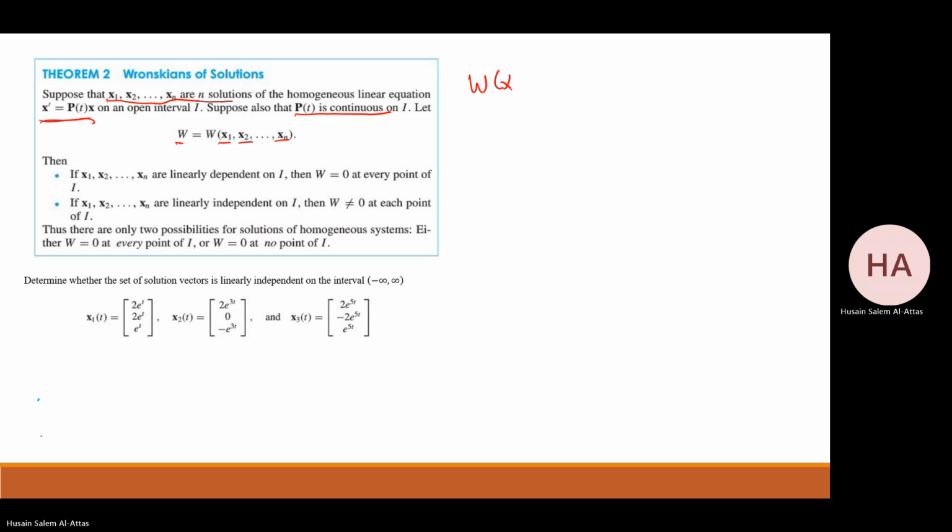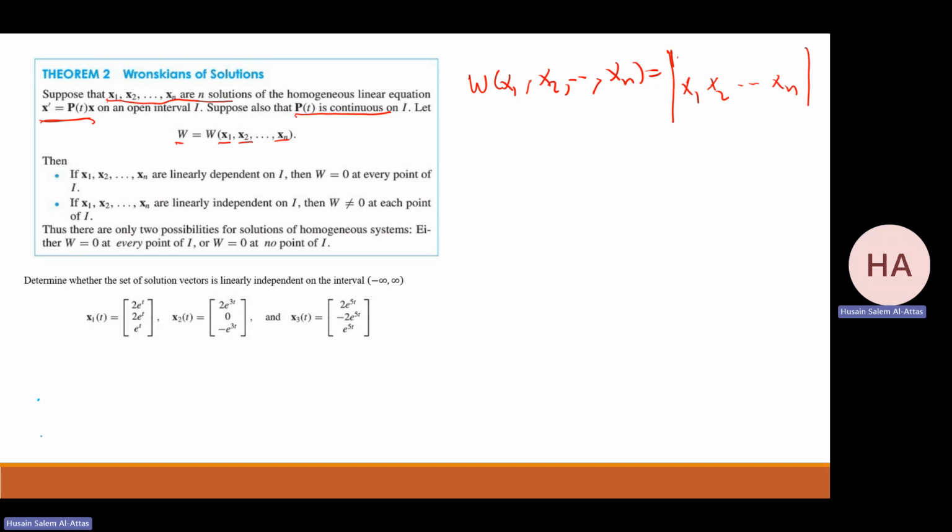The Wronskian of x1, x2, xn will be the determinant of x1, x2, listing them, these are vectors, until xn. That will be my Wronskian.